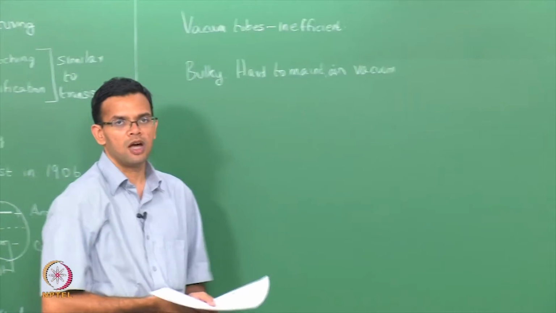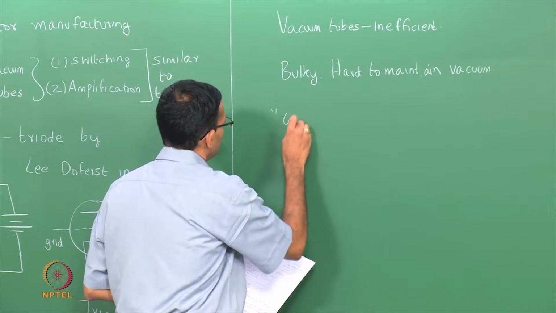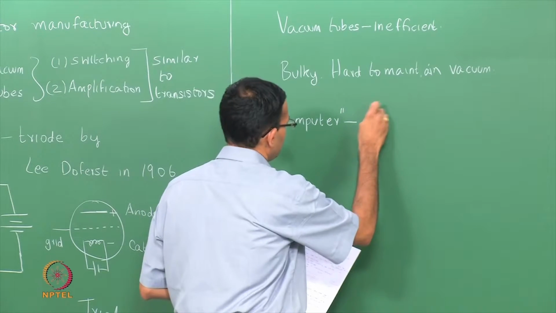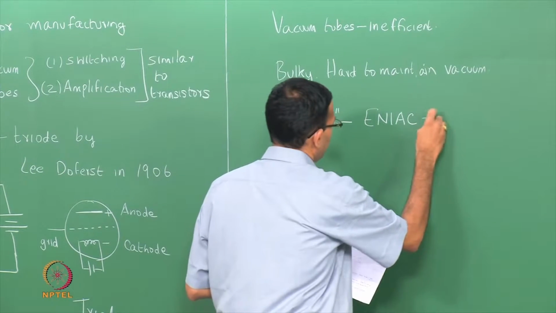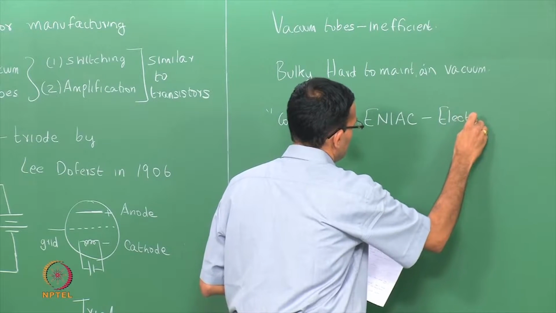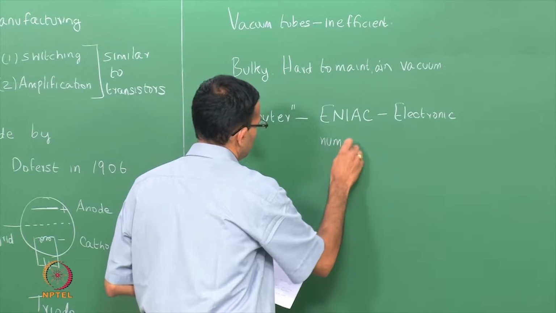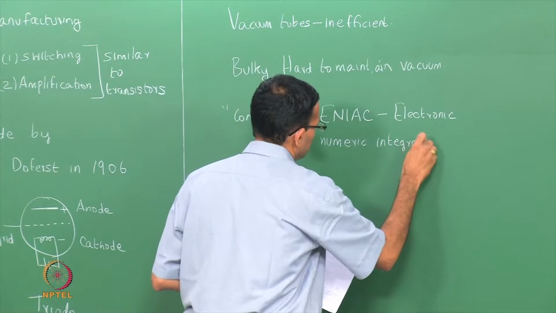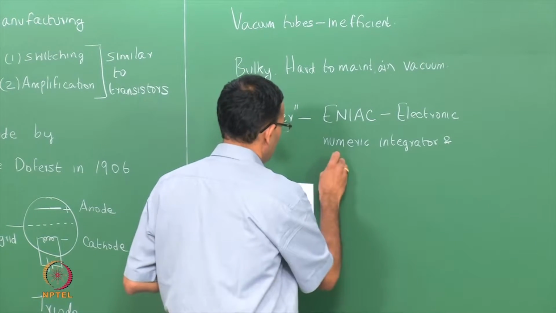But the vacuum tubes are the forerunners of the modern transistors. They were used to build the first computer, which was called the ENIAC. The ENIAC stands for electronic, numeric, integrator, and capacitor.